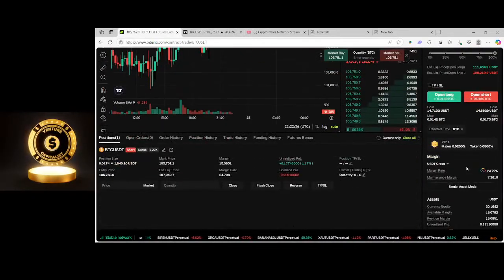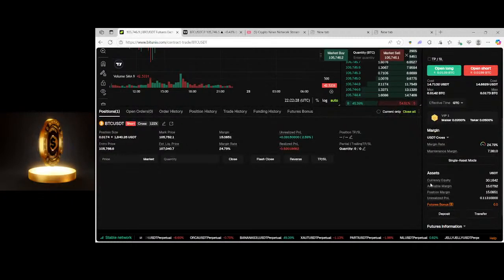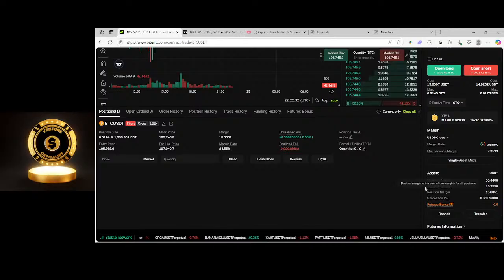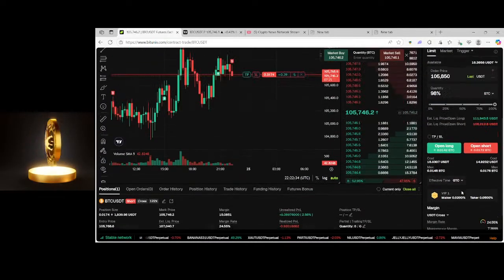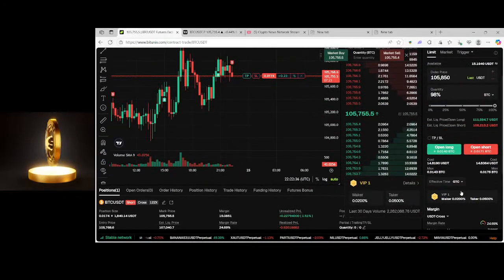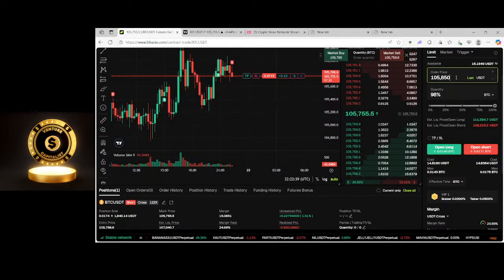So out of the $30, 50% of it's in a trade, which leaves an available margin of $15. So let's do this other $15 at 105,800, right? The current price is 105,760, so we'll be higher than the current price. We're going to use the last $15 if it does go back up there and hit that price.